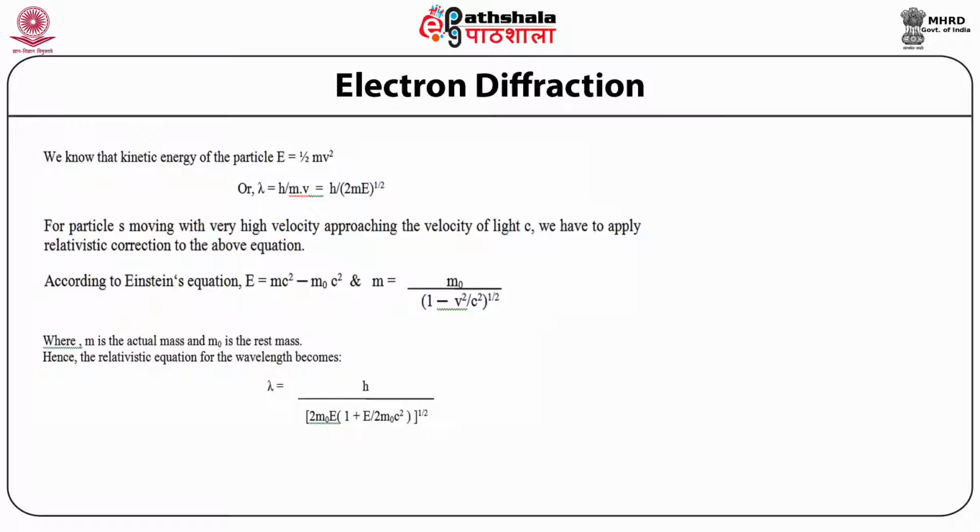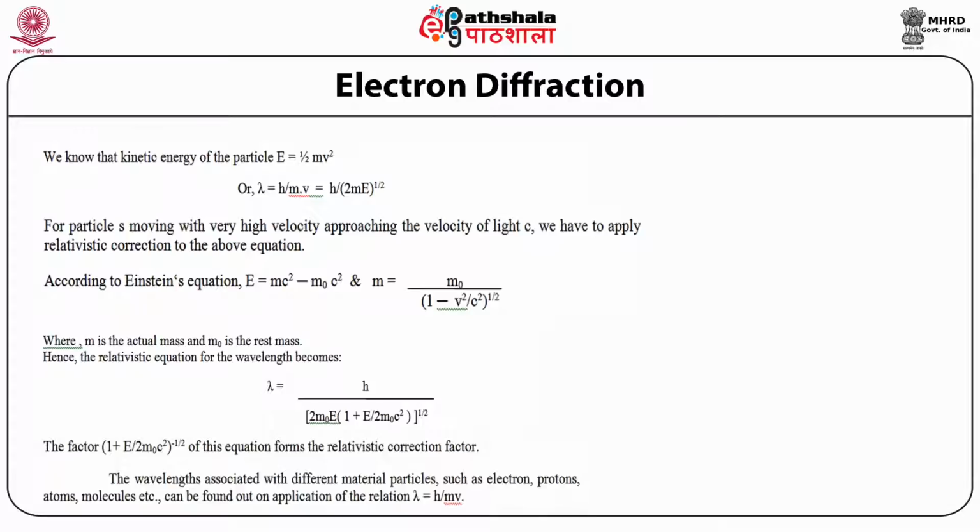Hence the relativistic equation for the wavelength becomes lambda equal to h upon under root of 2 m0 E into 1 plus E upon 2 m0 c square. The factor within brackets, 1 plus E upon 2 m0 c square, raised to the power minus 1 by 2, forms the relativistic correction factor of this equation.